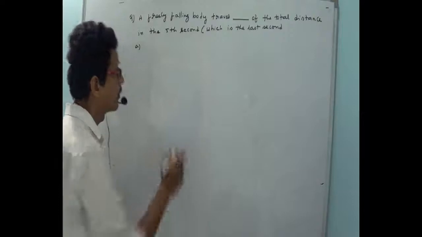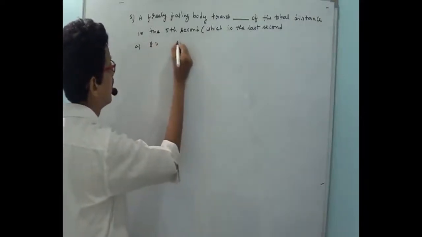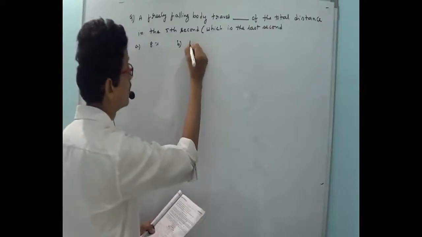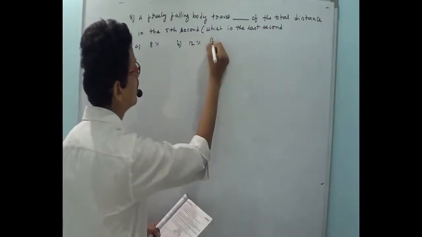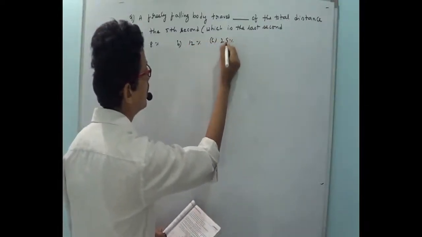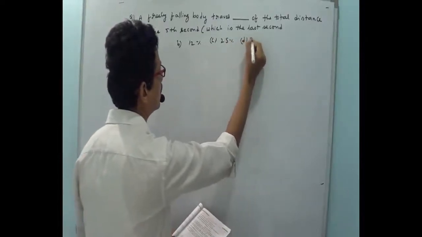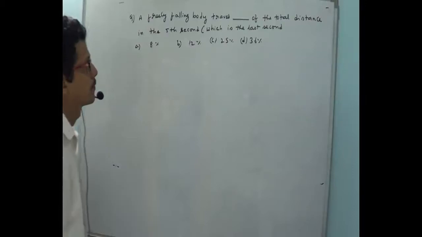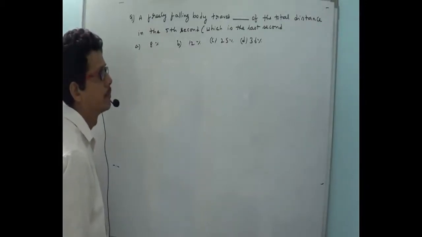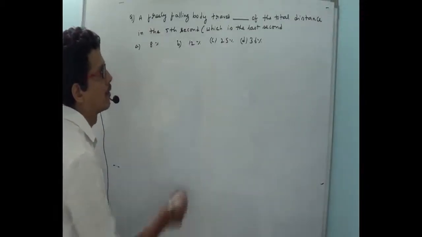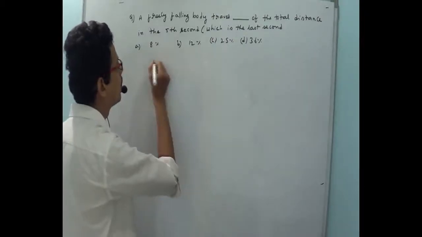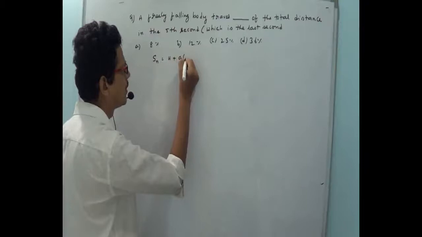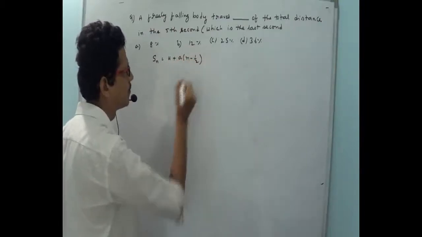8%, 12%, 25% and 36%. So, what is the distance traveled in the nth second? U plus A into n minus half, na?